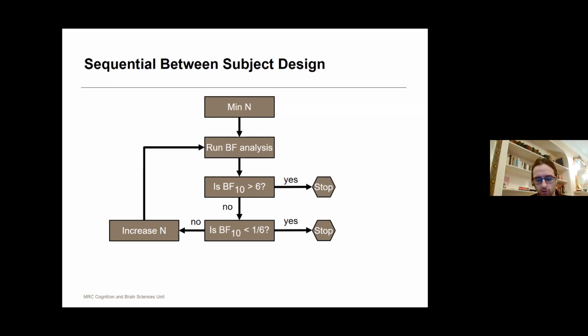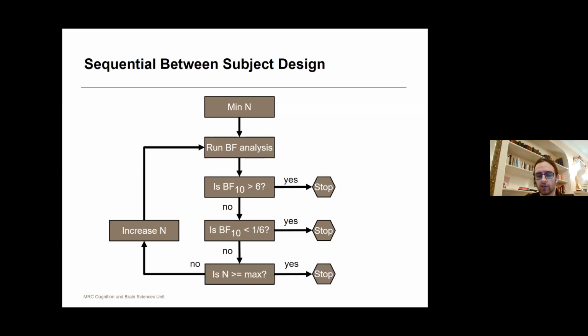However, one shortcoming of this algorithm as it's on the screen currently is that on average, it is quite efficient, and you probably can stop your data collection quite early with a relatively decent number of participants, not excessively high. But occasionally, as you'll see in simulations, you do end up having to collect hundreds, if not 1,000 participants to actually converge on either of the two criteria. So it's prudent to set an upper limit to what you're willing and able to collect.